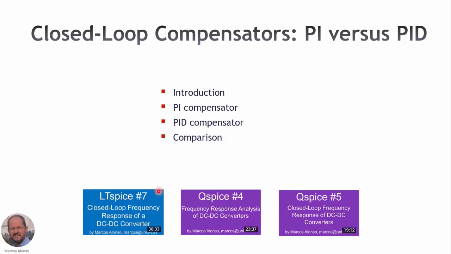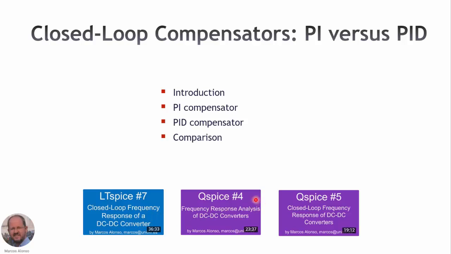These are important videos related to these topics. In this video, Qspice number 7, we saw how to do the closed loop frequency response of a DC-DC converter. In this video, we showed how to design a PI compensator for a DC-DC buck converter.